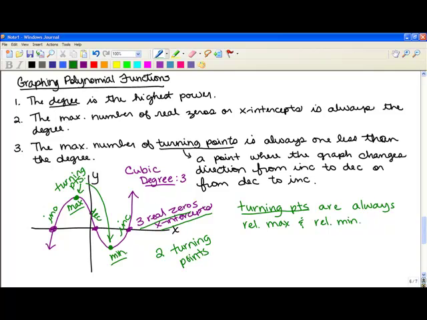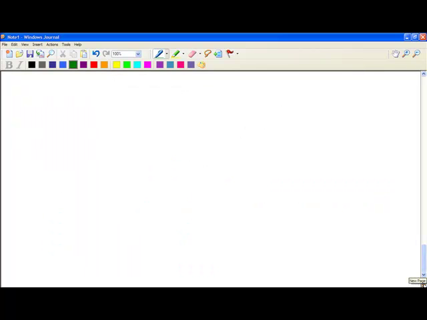Now let's take a look at another function. Now without graphing it, we should be able to tell what the real zeros and the turning points are. The degree of this polynomial is 4, so that means that we have at most 4 real zeros.